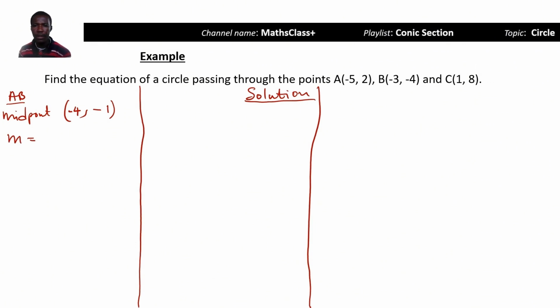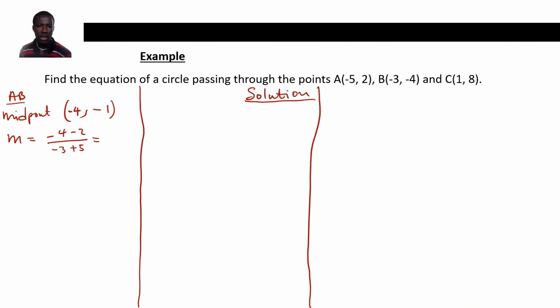Then the gradient, m, that is change in y divided by change in x. So if you take -4 and we subtract 2 from it, that will give us -4 minus 2 divided by -3 plus 5, which is -6 over 2, and that will be -3.